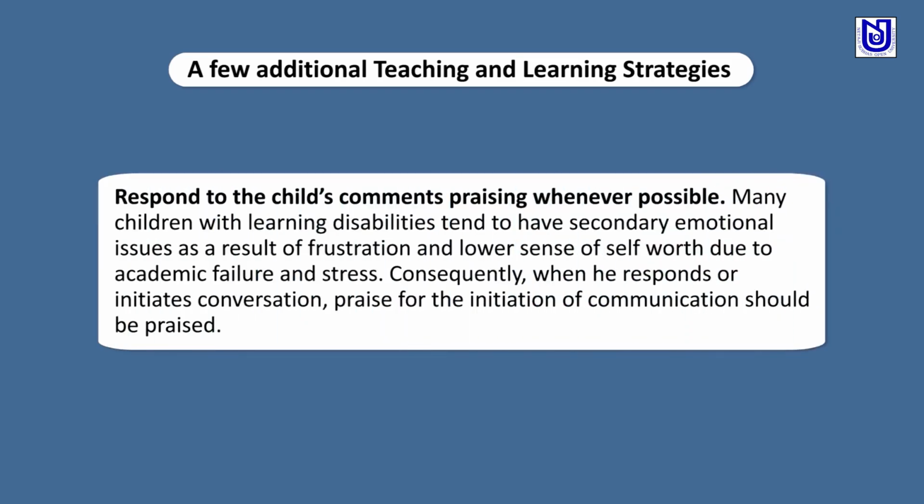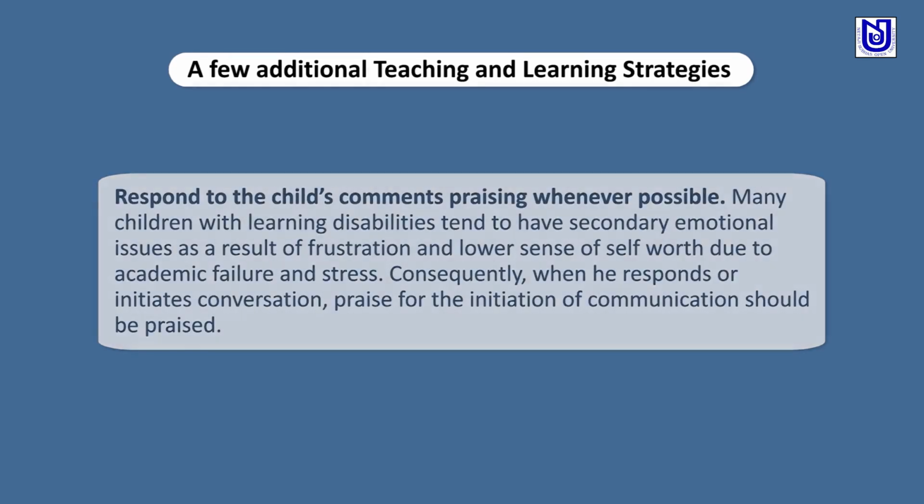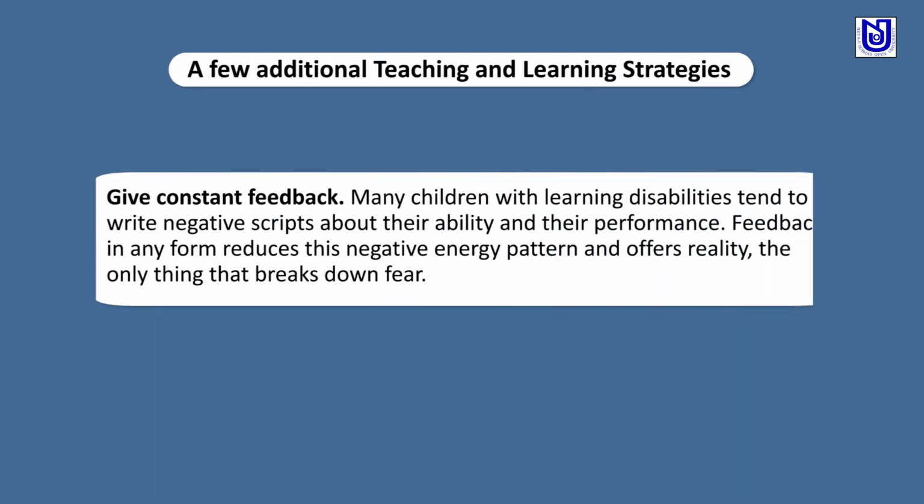Then respond to the child's comments, praising wherever possible. So we need to give them immediate feedback. We respond to their responses immediately as a teacher to keep them motivated towards learning. Give constant feedback, as I already mentioned.